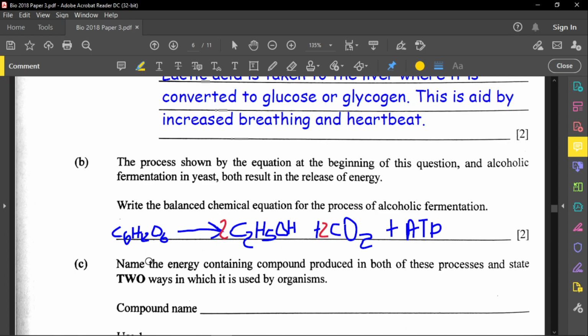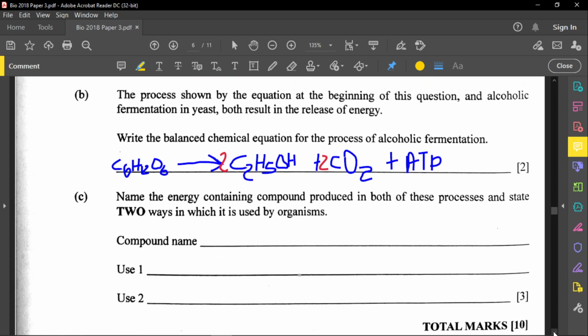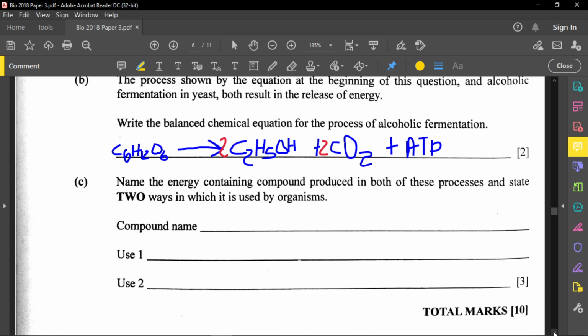Now let's move on to the next question. Name the energy containing compound produced in both of these processes and state 2 ways in which it is used in the organisms. The energy compound here is ATP.